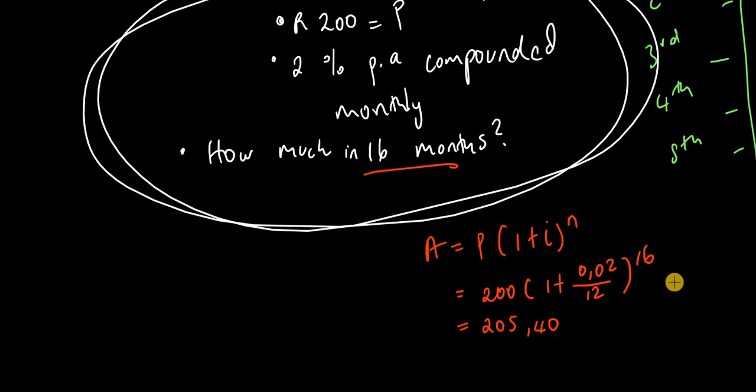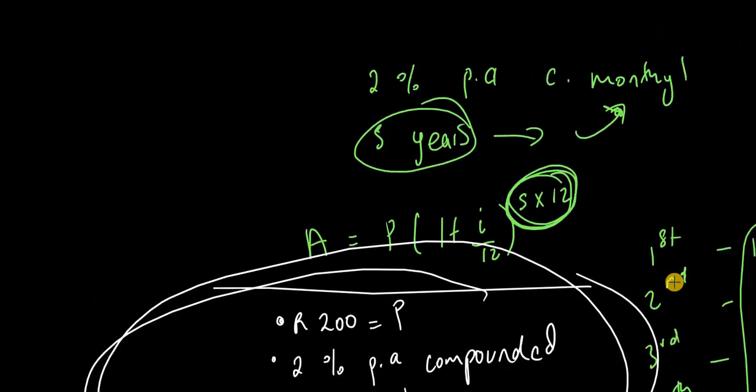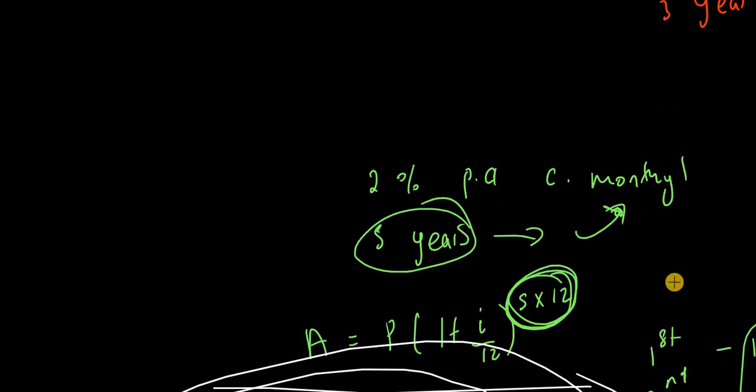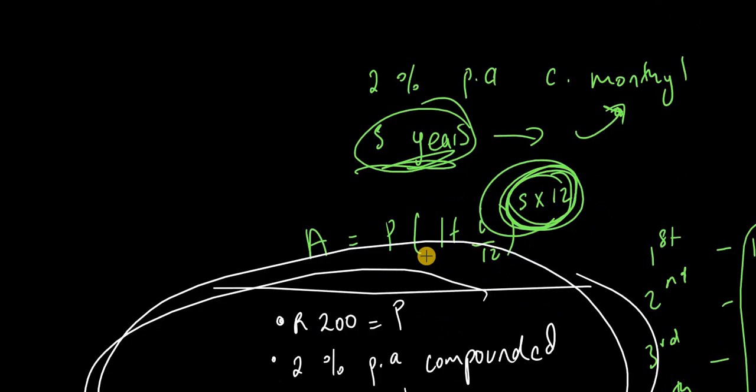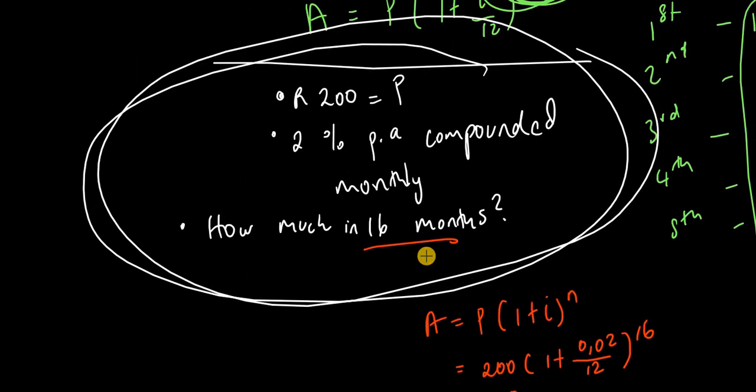We are not simply multiplying. What you should ask yourself is, why am I multiplying? Remember I told you if it's 5 years, we multiply by 12. Why? Because we want the exponent to be in months. We want the total 5 years to be in months. That's why we multiply 5 by 12. But if I gave you months already, there is no need of multiplying by 12. You just put the 16.